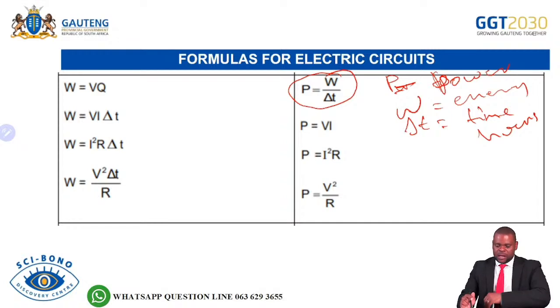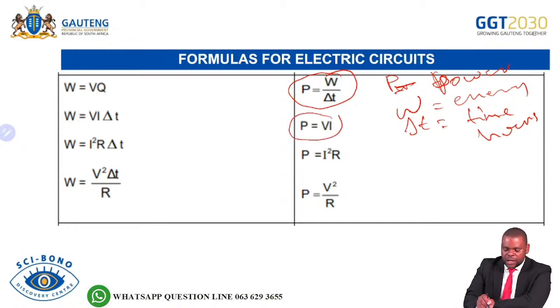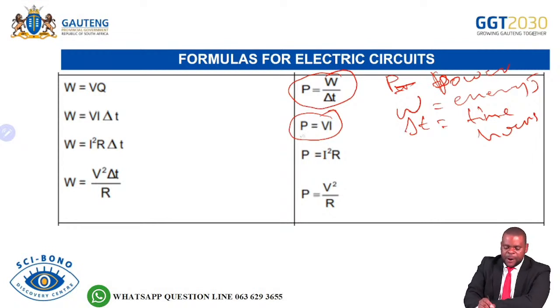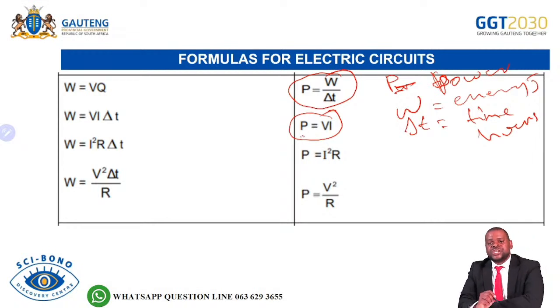Okay. Now we come to this formula here. P also is still what? Power, and is measured in what? Watts. And then W is energy, or the heat that is formed by what? By resistance and current, and is measured in what? Joules. And then time is measured in hours. Even power here is still measured in watts.